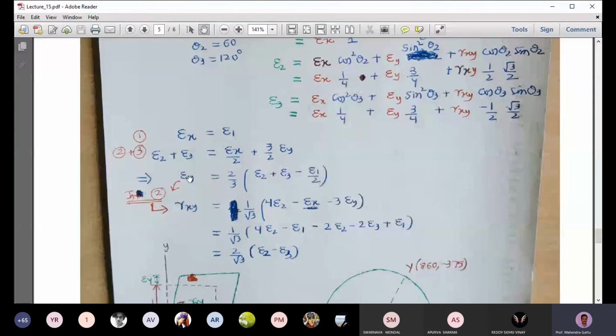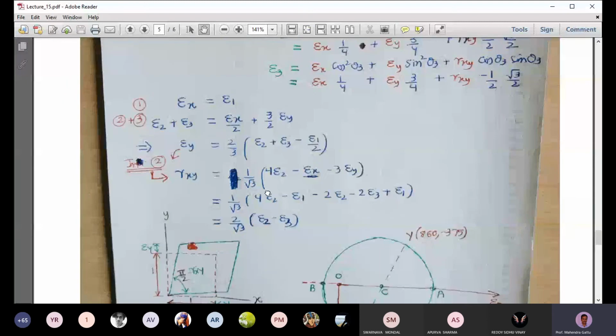What we can do, these epsilon y, epsilon x values, we can substitute in the second equation, and we can find the shear strain. So epsilon 2 minus, we can send the 1 by 4 term to the right hand side. So we'll have 4 epsilon 2 minus epsilon x minus 3 epsilon y, over root 3.